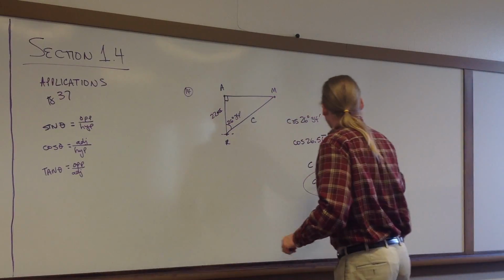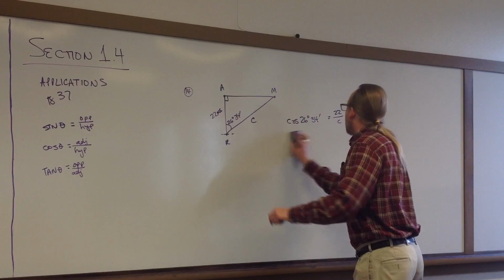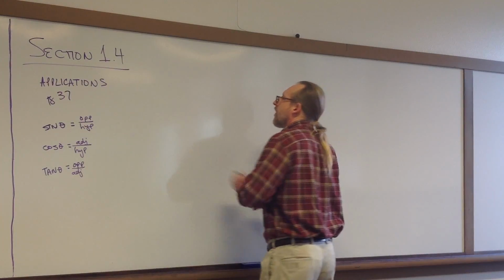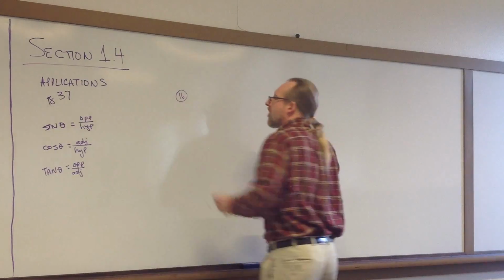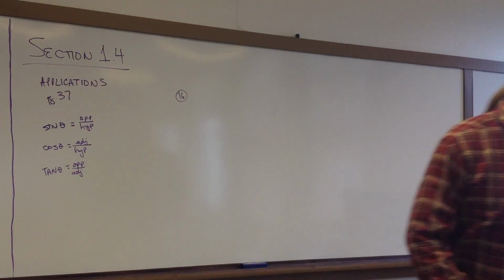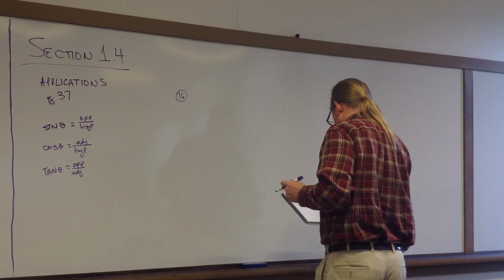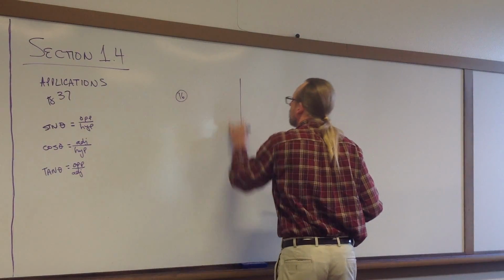Last one here, problem 16. A boat travels on a course bearing 17 degrees 10 minutes east of north for 10 miles. All right.